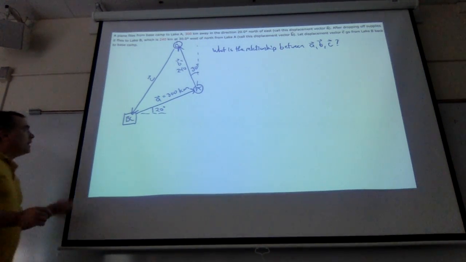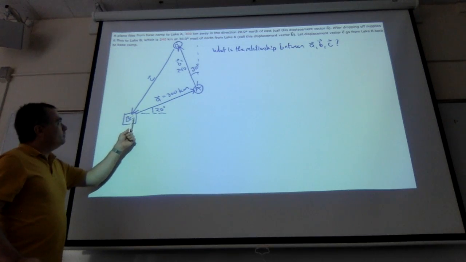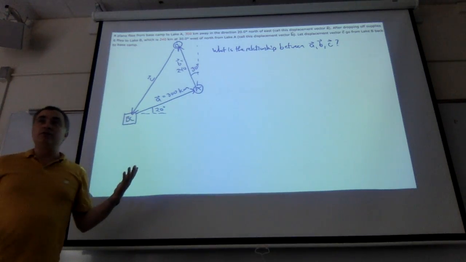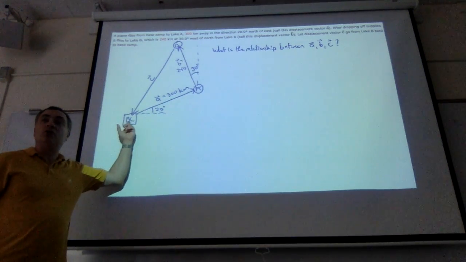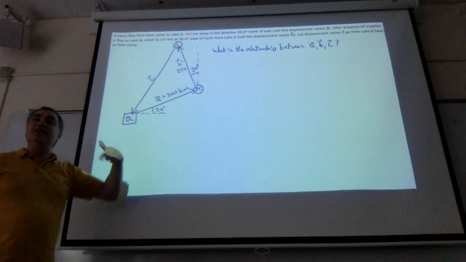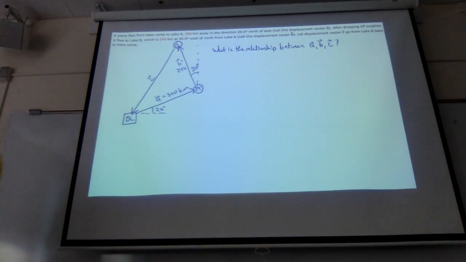If we take a look at the diagram, we can see that by going along those 3 vectors, we end up where we started. If I end up at the exact same place I start, how much displacement is that? That is 0. Okay? Notice also that I've added the 3 vectors head to tail, right? A plus B plus C brings me back to where I started.